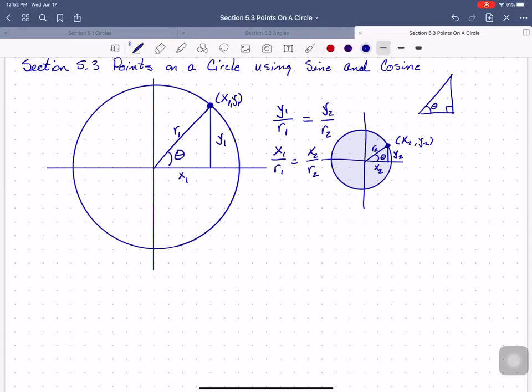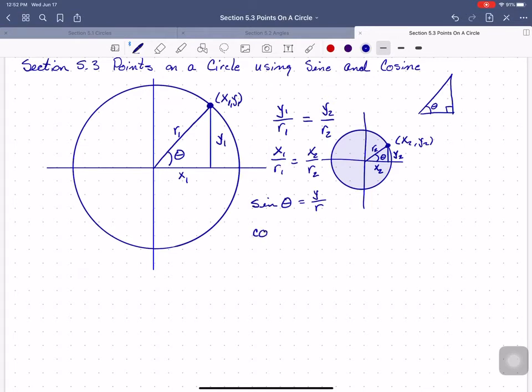We said that the sine of my angle theta is equal to the length of the side opposite that angle divided by the length of the hypotenuse, which in terms of my triangle within my circle is my y divided by my radius.